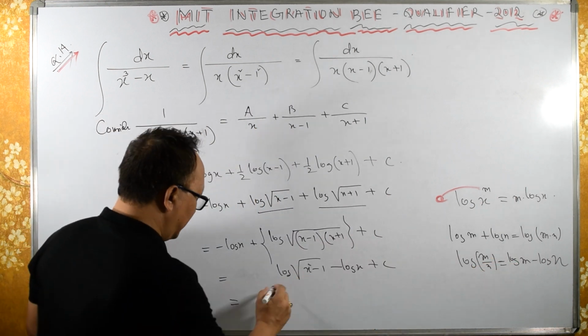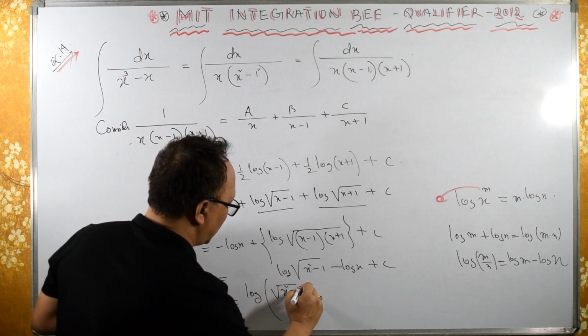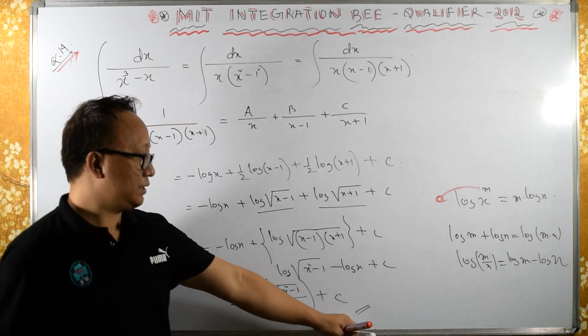So I can bring this together: log of square root of x square minus 1 upon x plus C. So this is the required answer.